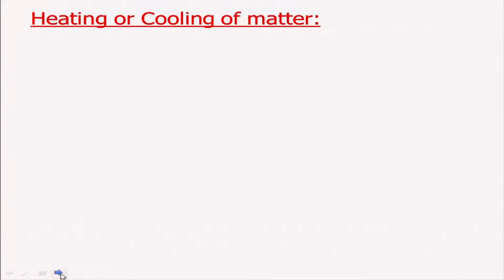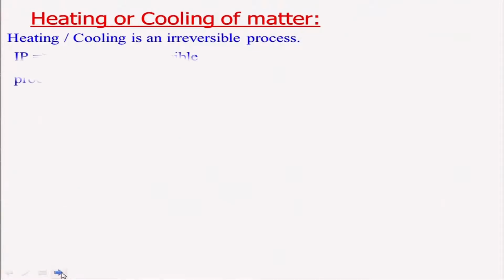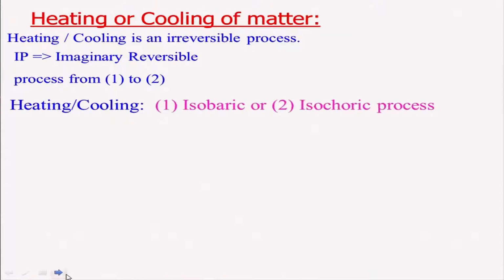So, heating or cooling of matter is basically an irreversible process, and the irreversible process can be considered as an imaginary reversible process between state 1 and 2. Like if you consider a process, let us say this is PV, and this is one process going from state 1 to 2, but I can consider it as some imaginary process.